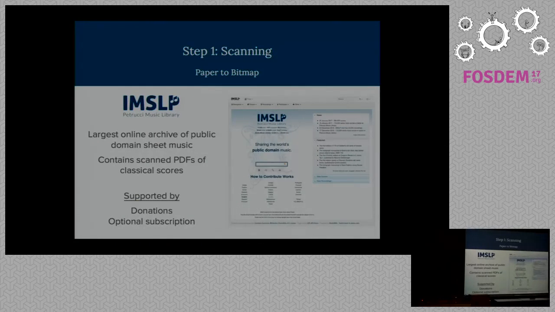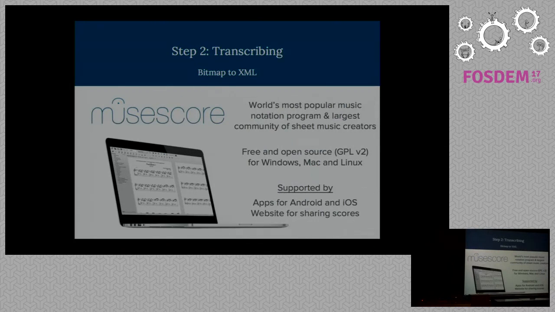So then the next step is MuseScore, and this is where MuseScore's community comes in. MuseScore is an open source music notation program under GPL version 2. But it's also a community of sheet music creators who use the software to create their own original compositions or to transcribe existing pieces, and then they upload that to MuseScore.com and share it with the world.